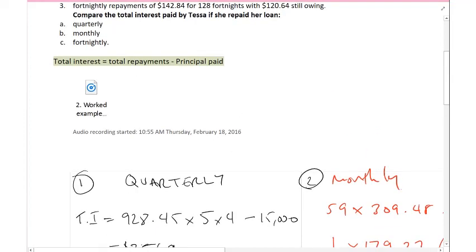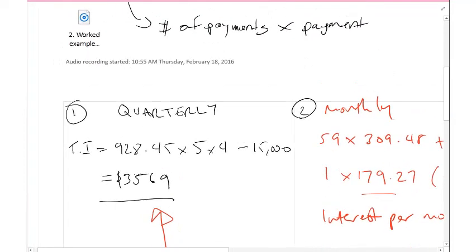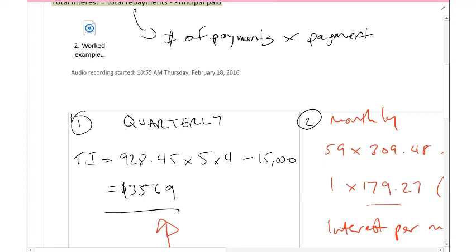Total repayments is the number of interest-bearing periods times your payment, minus the principal repaid. So in this example we had 5 years quarterly, so that's 20 times the payment, which is 928, minus the principal.